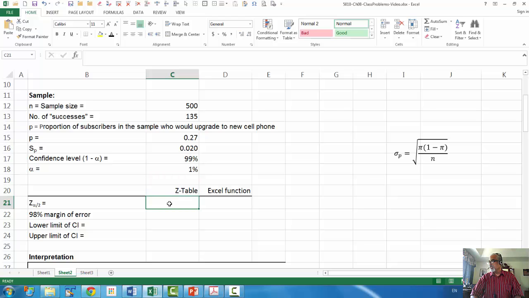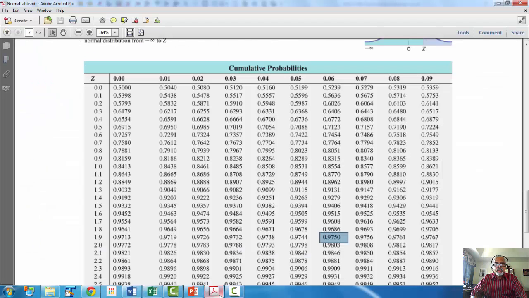Now we want z sub alpha over 2. So the alpha over 2 now is what? 0.005. Okay, so it's 99% in the middle, 1% outside. So half a percent or 0.005 in the tail. So 0.995 for the cumulative probability. So let's go to the normal table.